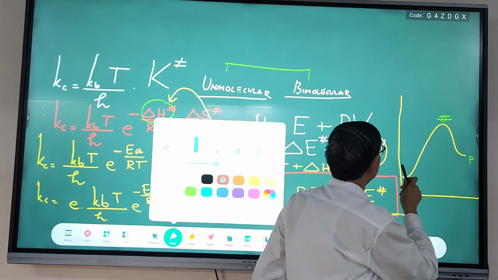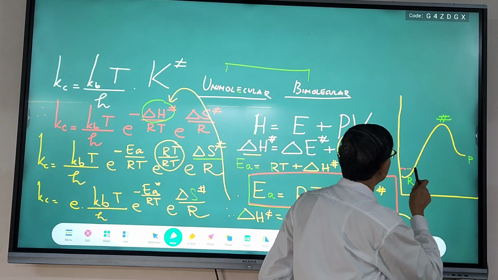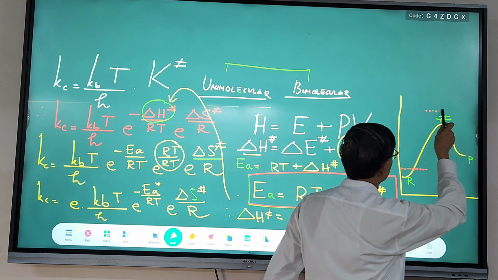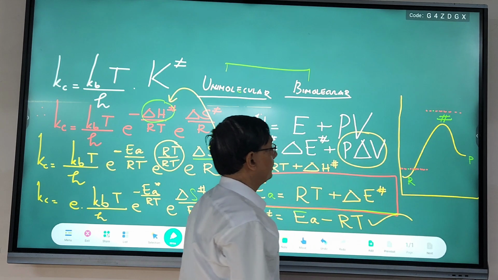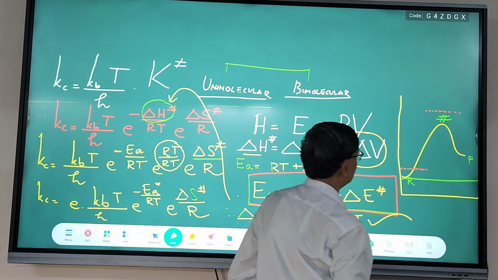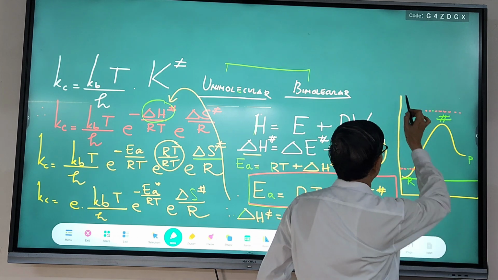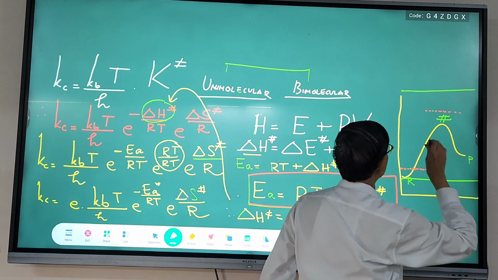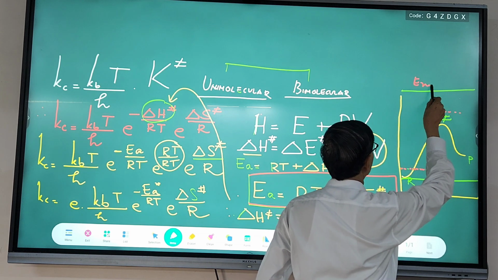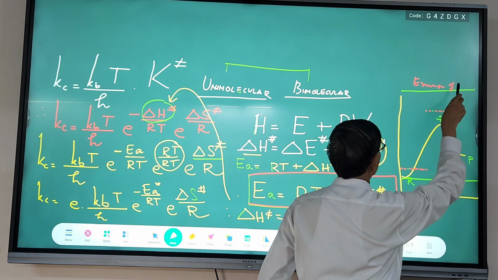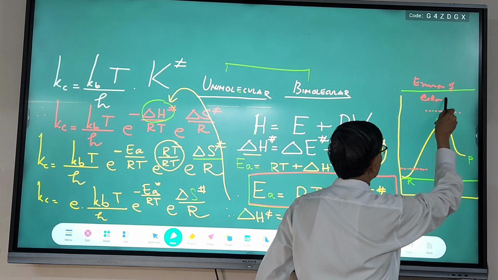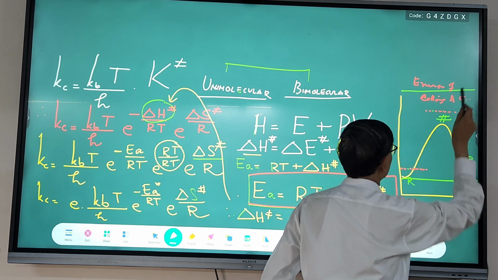So here for the reactant, if I write like that, it is the zero point energy level. For the activated complex, the zero point energy level is this, and it is normal. And here I can write the energy of this colliding activated complex.